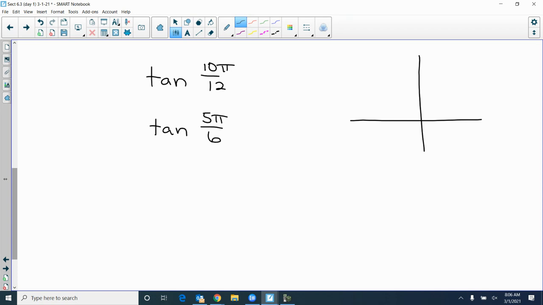All right, Max, you got it? What do you think? Is it square root of 3 over 3, negative square root of 3 over 3? Negative square root of 3 over 3. Okay, that's tangent 5 pi over 6.